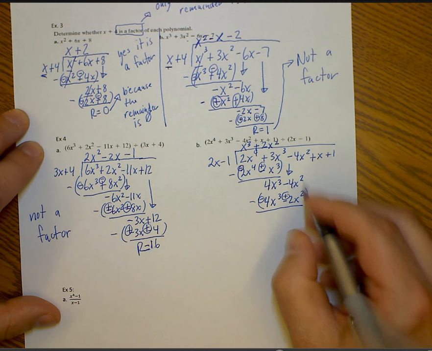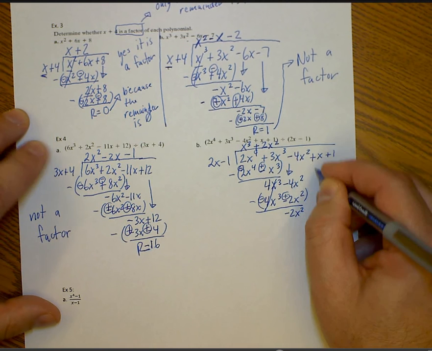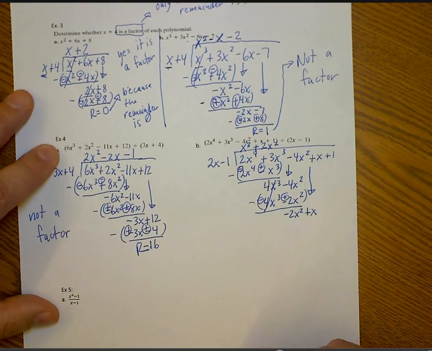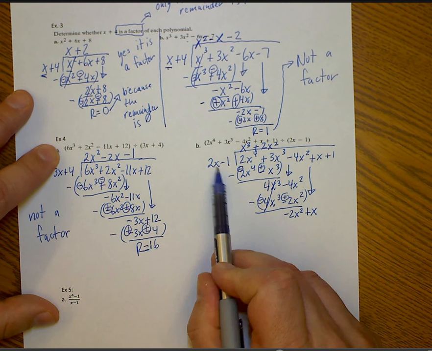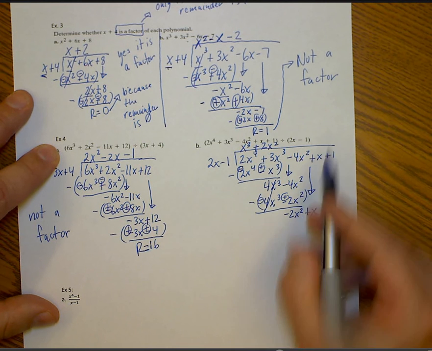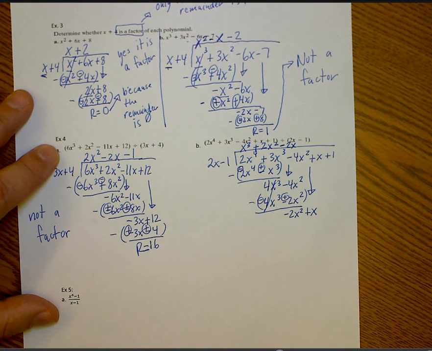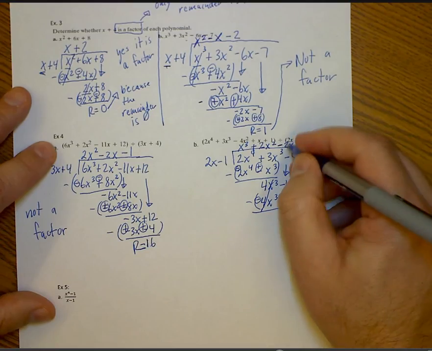So I end up with negative 2x squared, bring down the x. I multiply by negative 1 to get negative 2. X times x gives me x squared. So I got minus 2x. My bad. It should have been minus 1x.